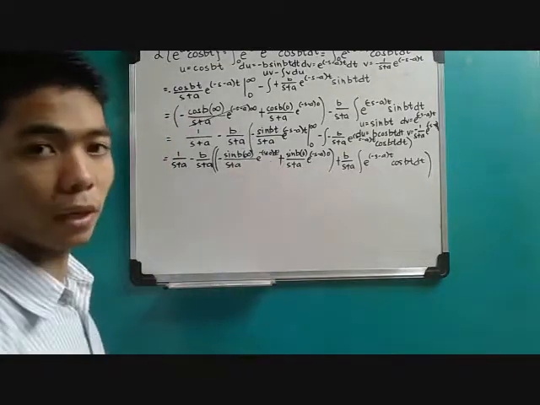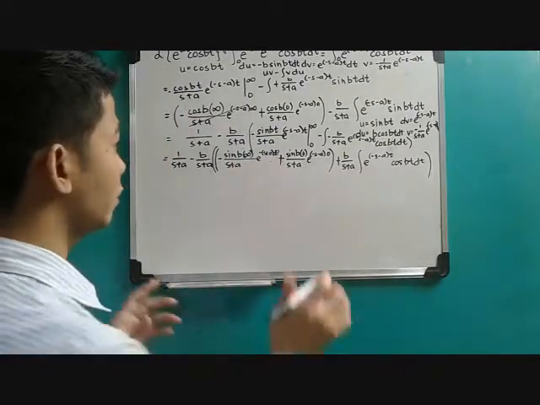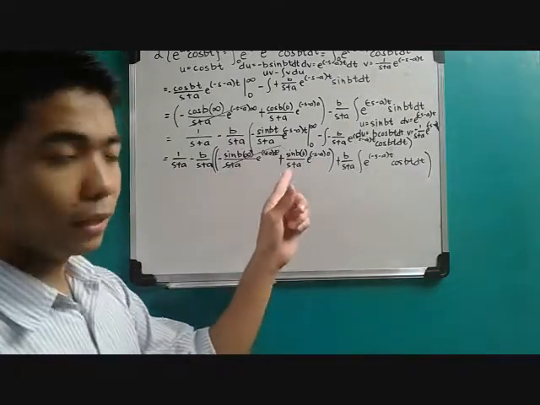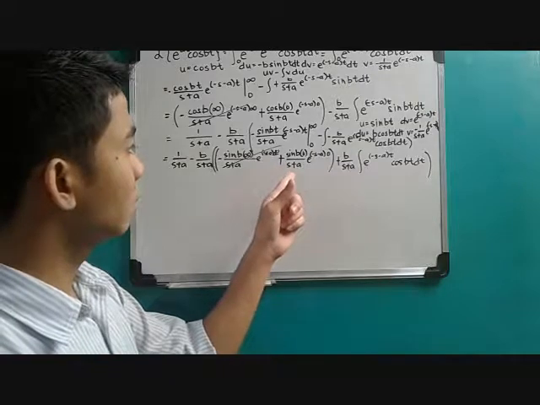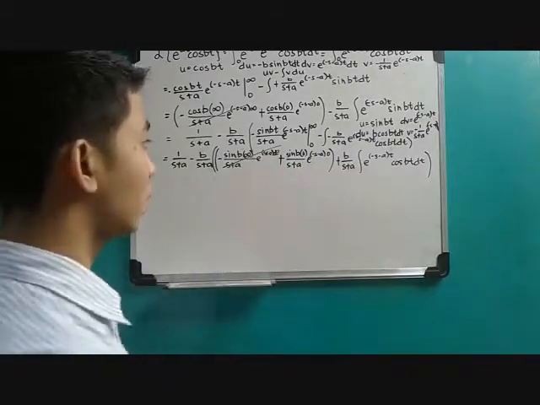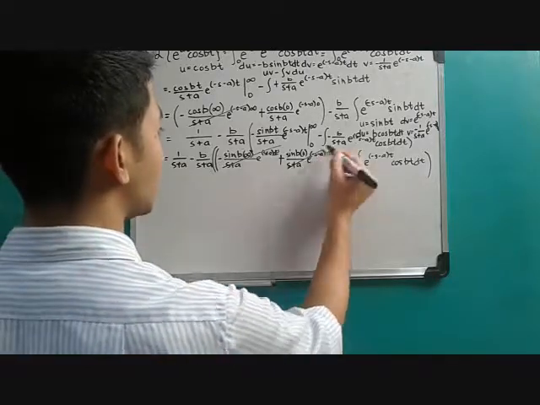Next, e raised to negative very large number is equal to 0. So cancel it. And sine 0 is equal to 0. So 0 over any number is equal to 0. So cancel this.